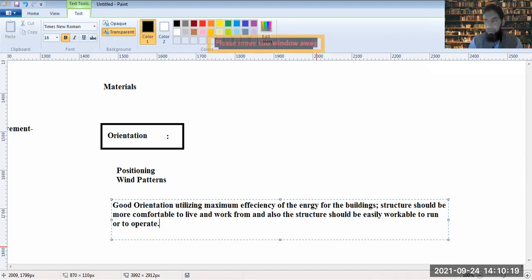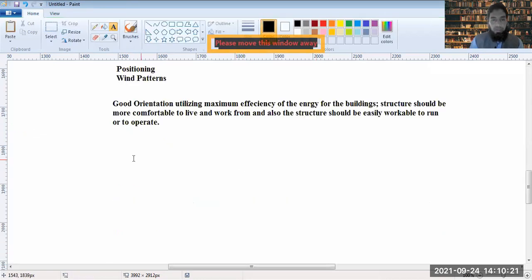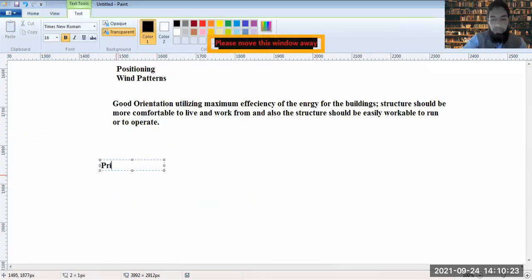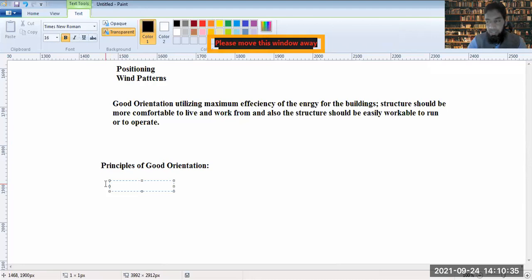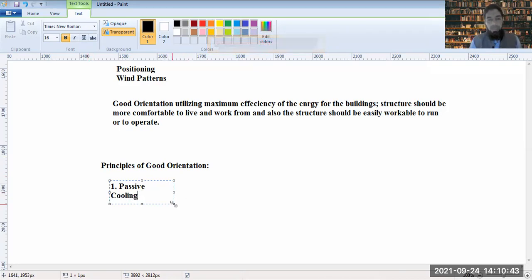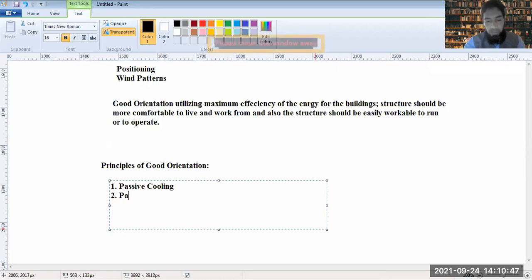So the principles of good orientation have to do with, number one, passive cooling. This is the principle of good orientation, and passive shading.